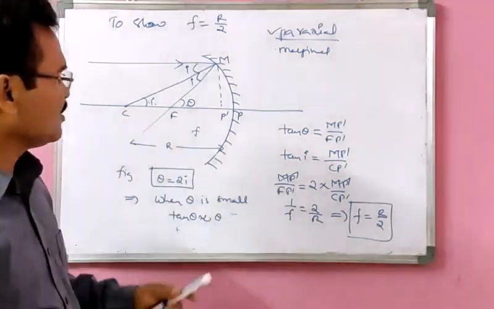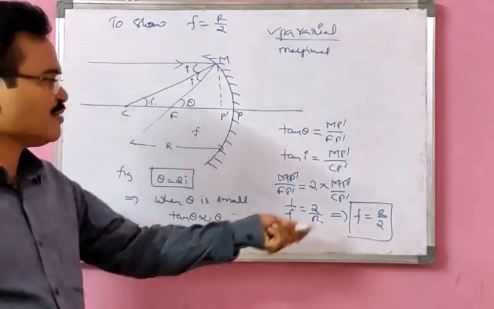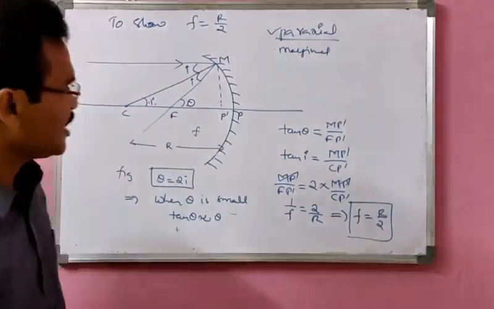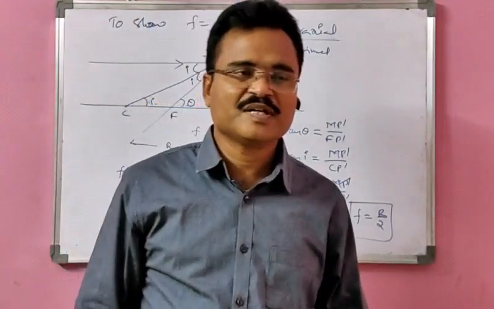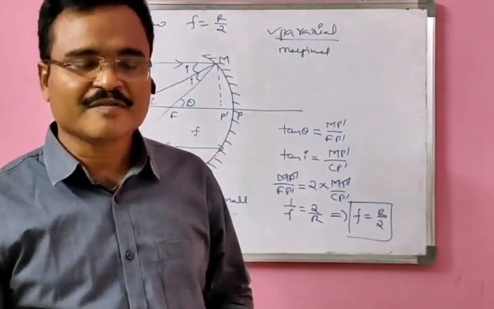So this is the derivation. We got the relation f equals R by 2. Now, moving on to another important part, the mirror equation.